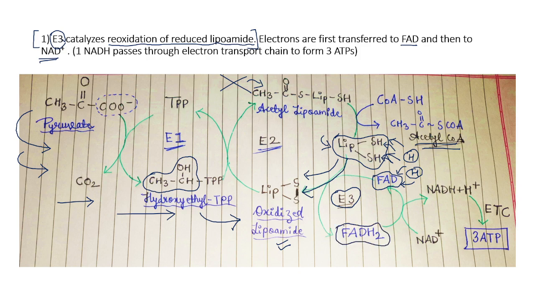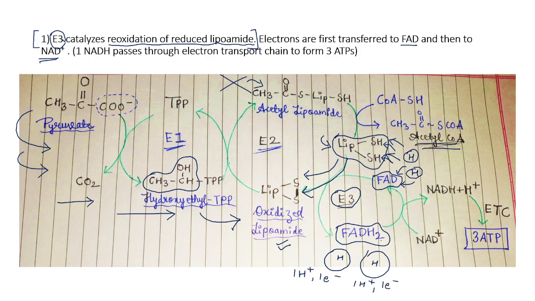Because we know that oxidation means loss of hydrogen atoms and electron, and reduction means acceptance of hydrogen atoms and electron. Okay, so FADH2 now has 2 hydrogen atoms, and we know that in one hydrogen atom there is 1 proton and 1 electron, and therefore the net charge is 0.